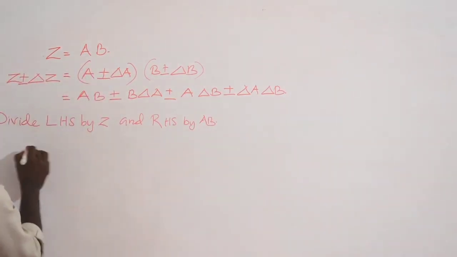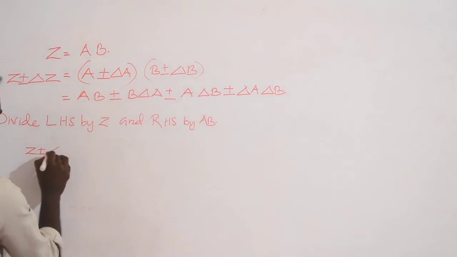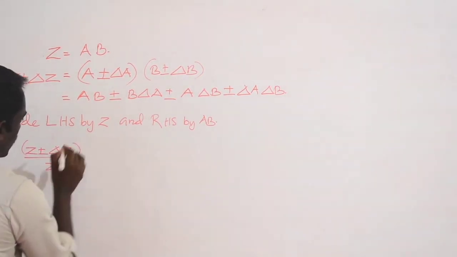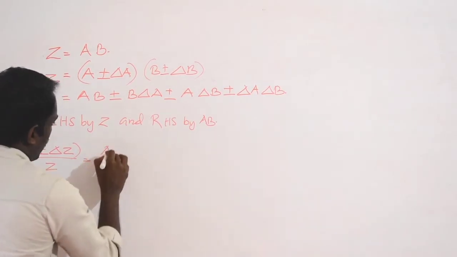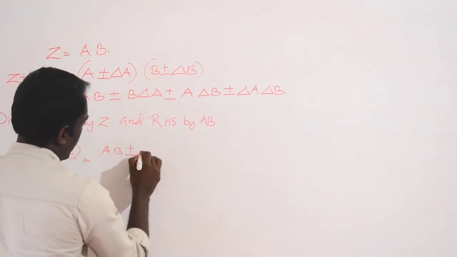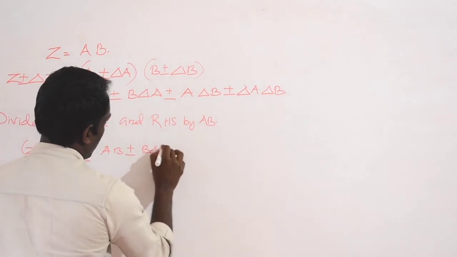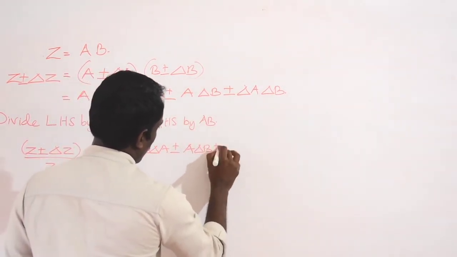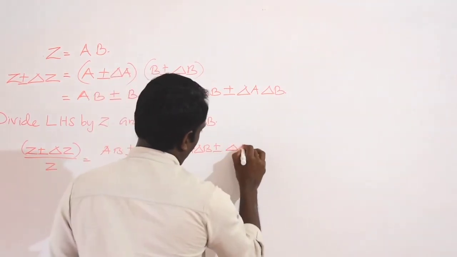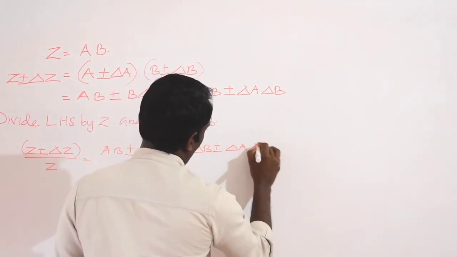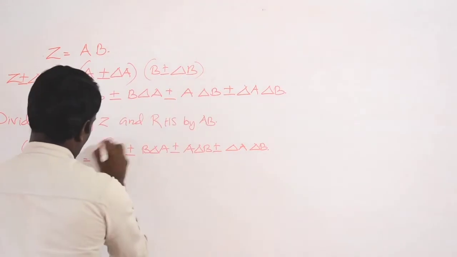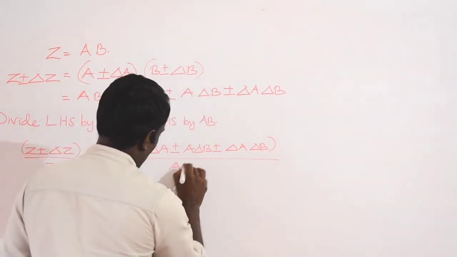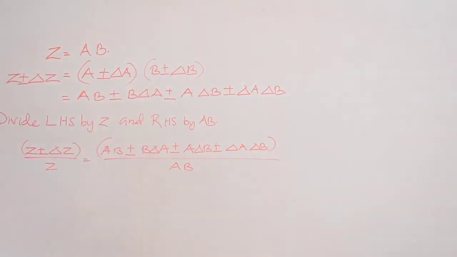Divide here: (Z plus or minus delta Z) divided by Z is equal to (AB plus or minus B into delta A plus or minus A into delta B plus or minus delta A into delta B), this term divided by AB. Now what will happen?